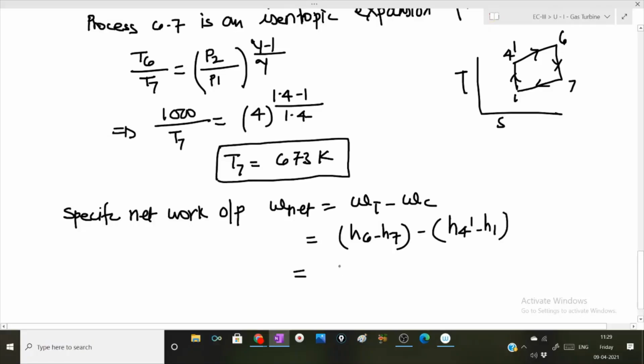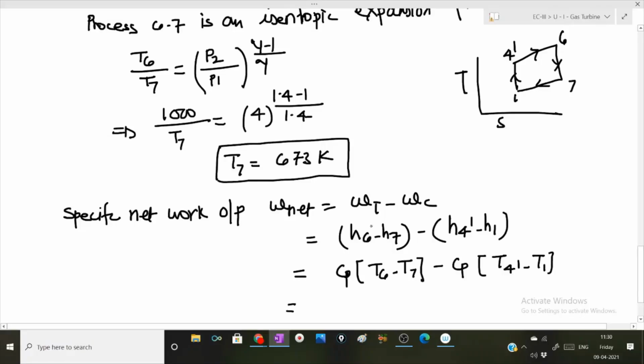In terms of temperature, it will be Cp into (T6 minus T7) minus Cp into (T4 dash minus T1).